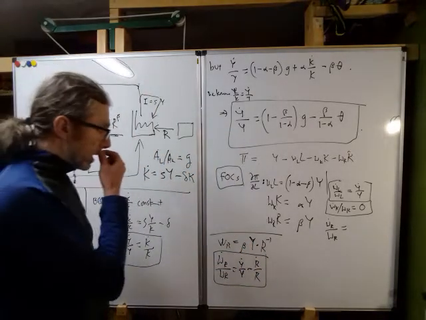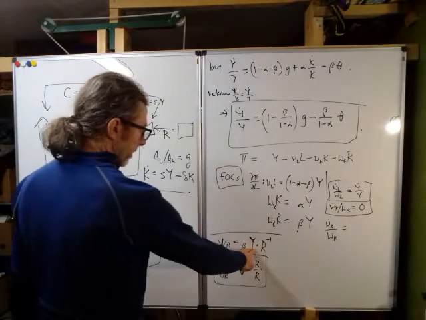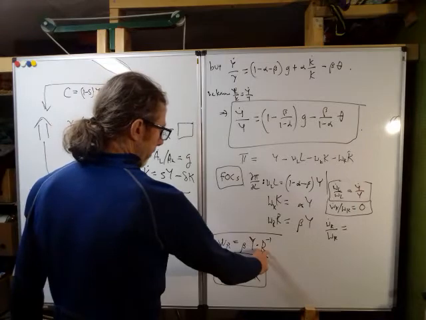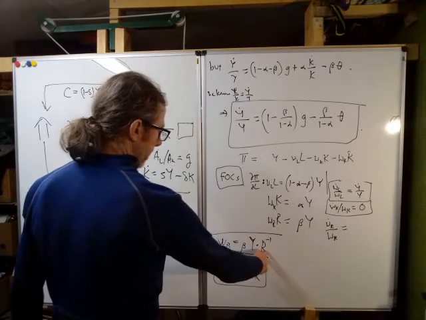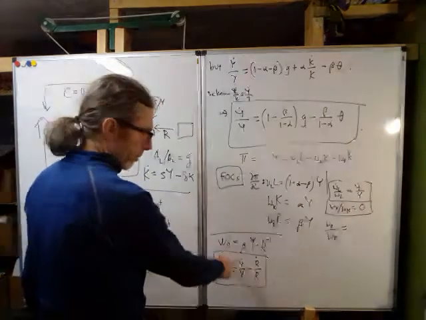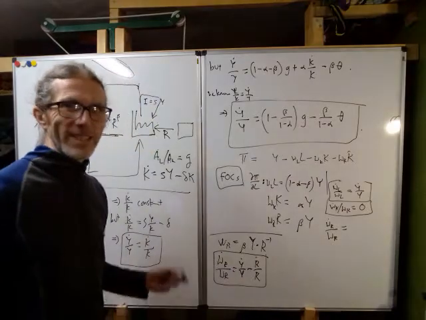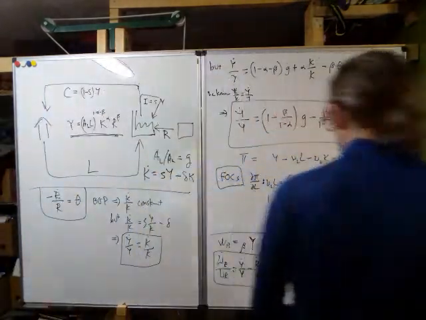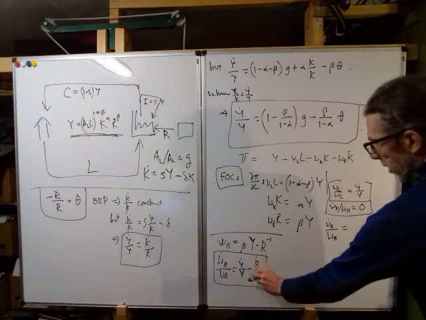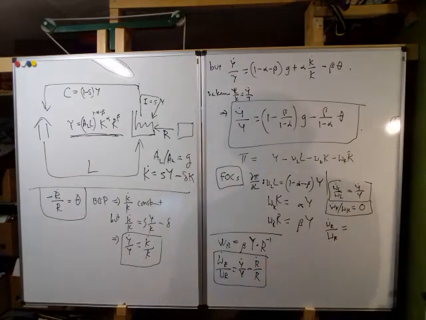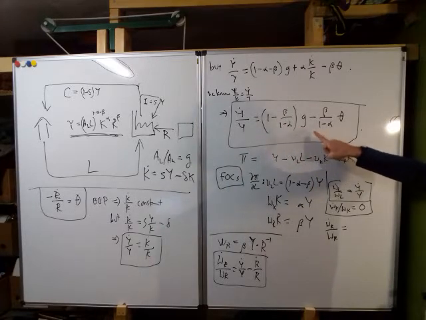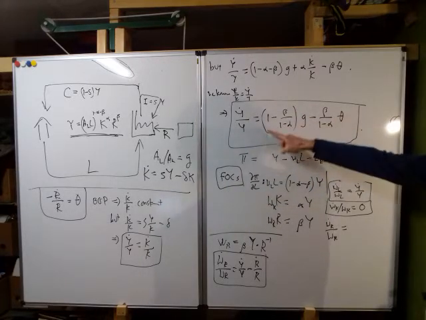Okay? So if Y goes up by 1%, WR goes up by 1%. If R, the flow of the resource, goes up by 1%, WR goes down by 1%. Makes total sense, yeah? So Y dot over Y minus R dot over R. Y dot over Y is this.